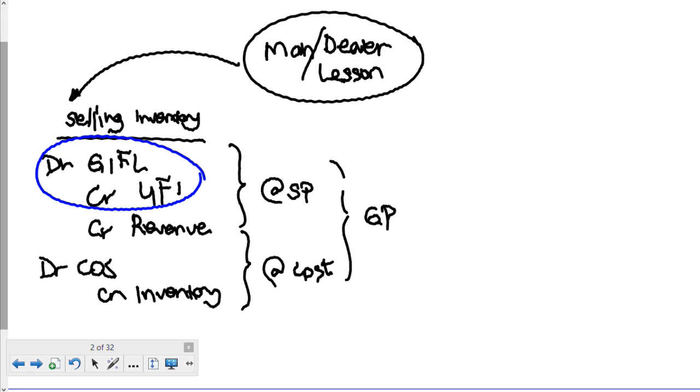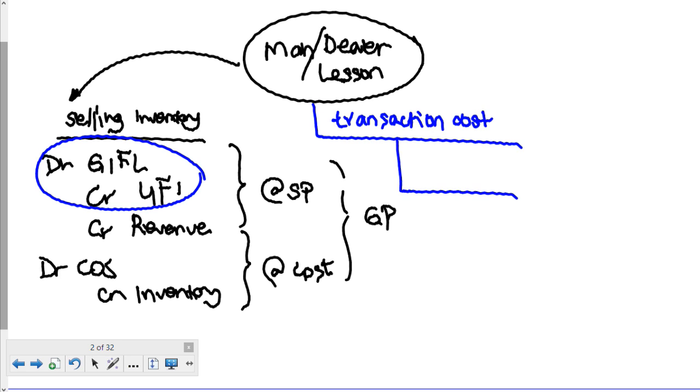The second thing that I want to point out is that with a manufacturer, dealer, lessor, transaction costs are considered to be the costs of selling inventory. And therefore, they go to P&L.